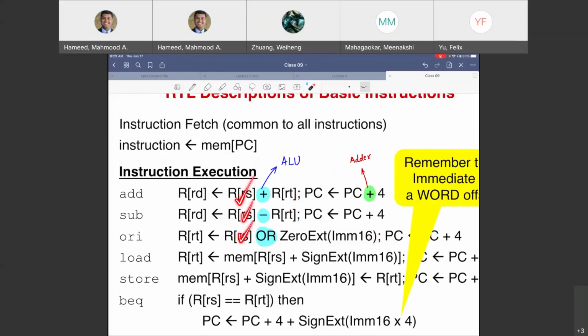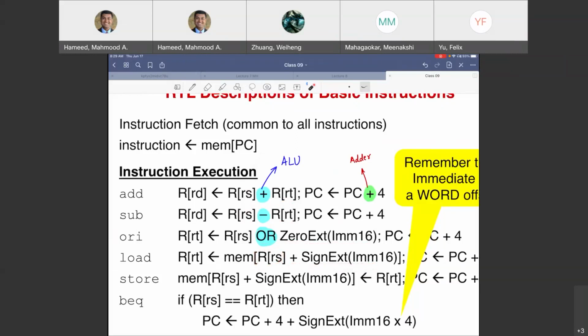This guy is the same. So one end of the ALU input is always there, the RS field. The other is either RT, or the output of a 0 extender, or the output of a sign extender. Later on, you see RS plus sign extender. So sometimes it's the output of the 0 extender, sometimes it's the output of the sign extender.